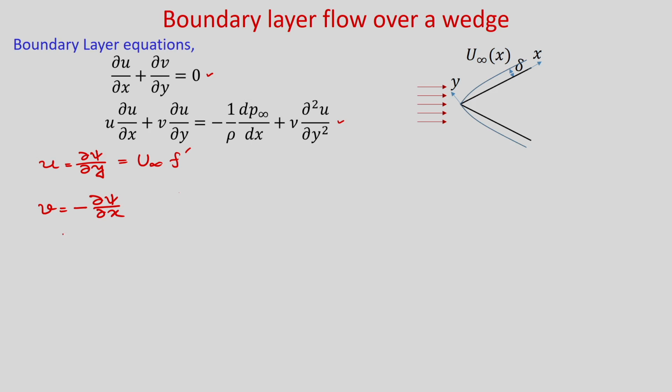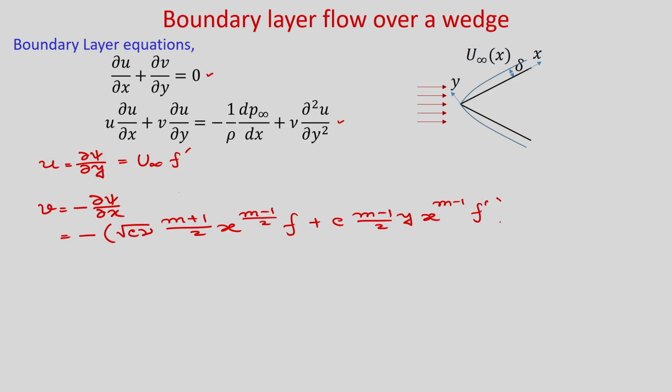So, we can write as minus root c nu. Del psi by del x we have written in the last slide, (m plus 1)/2, x to the power (m minus 1)/2, f, plus c (m minus 1)/2, y x to the power m minus 1, f prime.